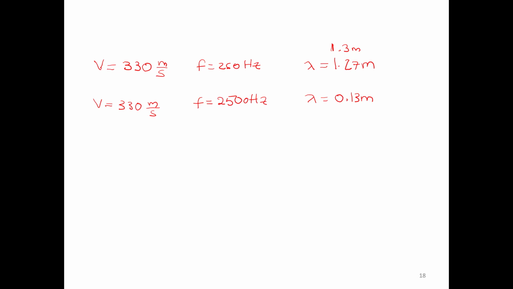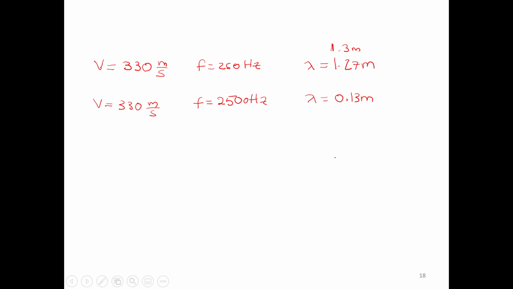Then what we can see here, if the speed is constant, is that if the frequency increases, in this case 10 times, the wavelength is going to decrease about 10 times.